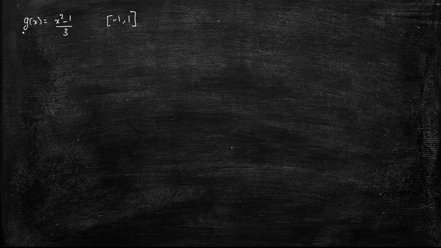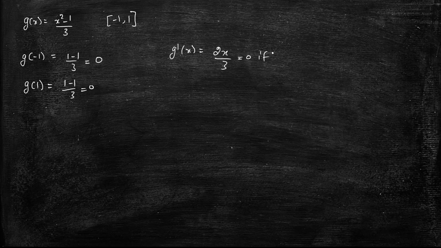We can say that g of minus 1 is equal to (1 minus 1) upon 3, which is 0. g of 1 is equal to (1 minus 1) upon 3, which is 0.